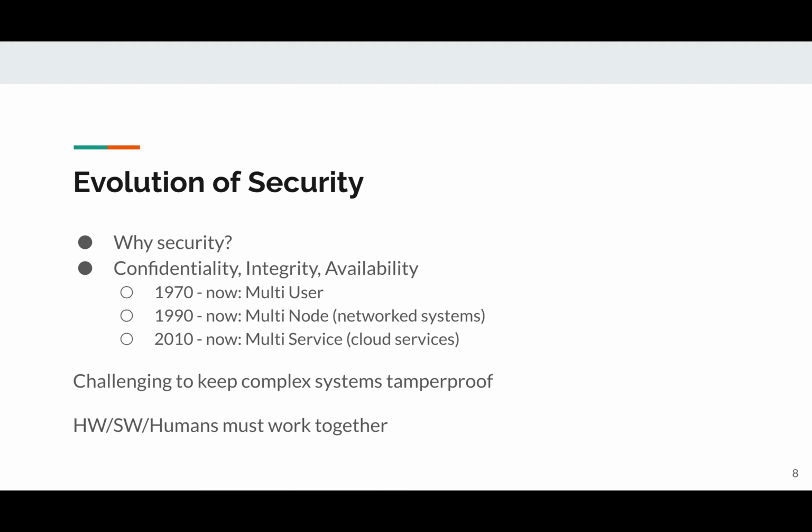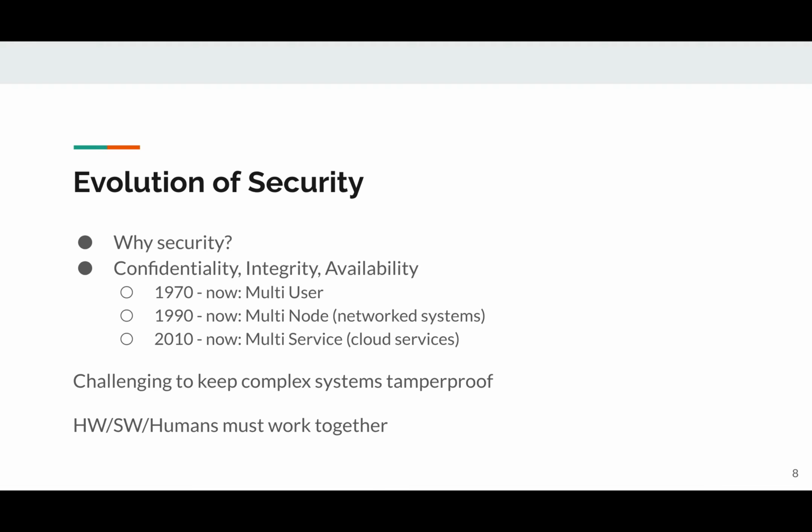A famous way of presenting the impacts that a secure or a non-secure system can have is the CIA triad. Thinking about the service that we're providing and saying, is this service going to be confidential? This is the C of the CIA triad, confidentiality. Or is it going to have integrity?